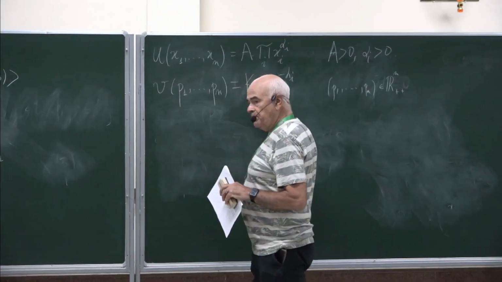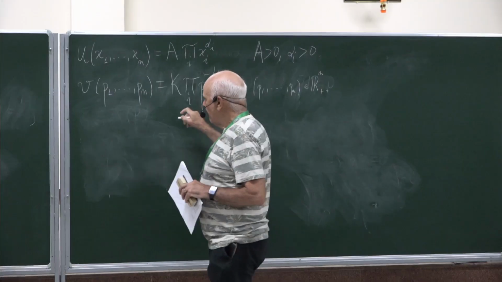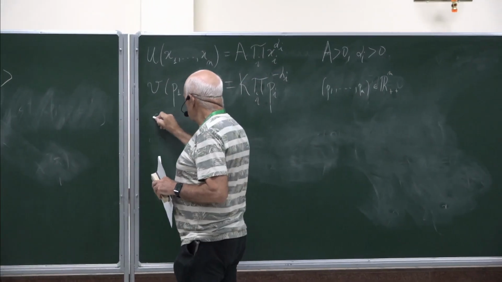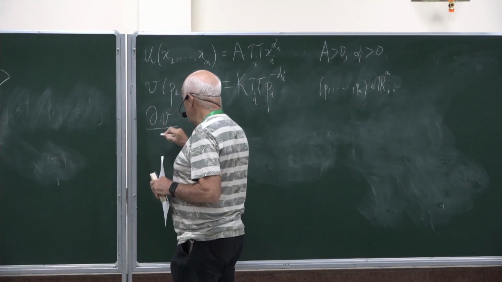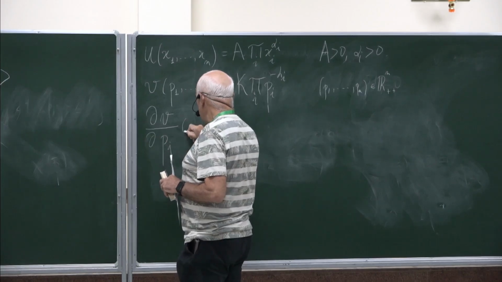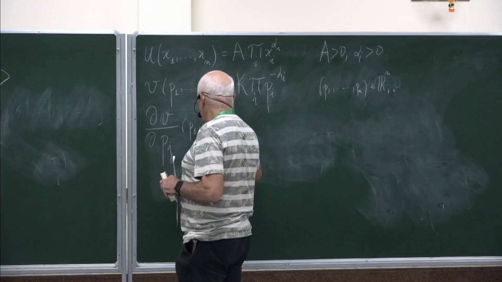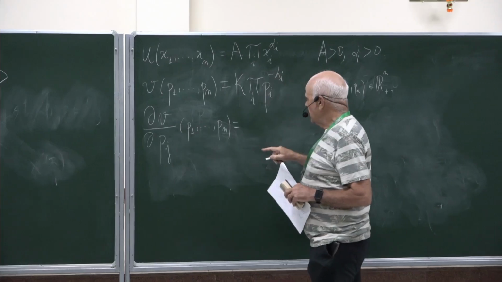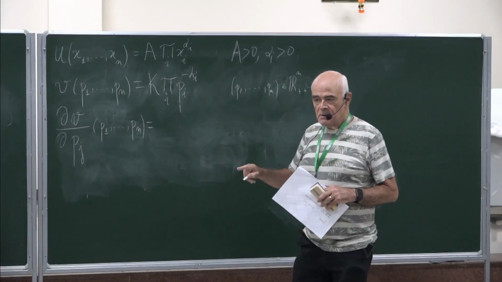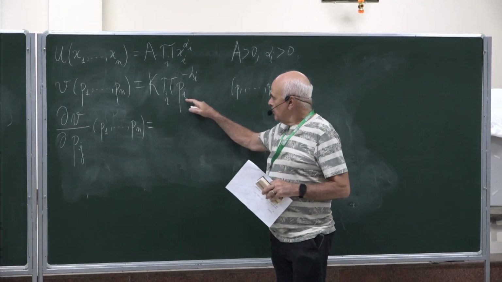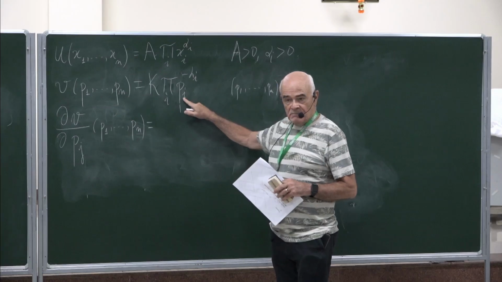So let's compute the partial derivatives to obtain the gradient. So the partial derivative of f with respect to p_j at (p_1, ..., p_n) is, what's the effect of taking the derivative with respect to p_j?